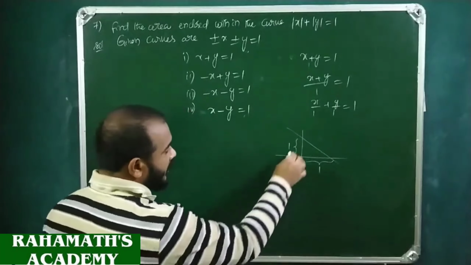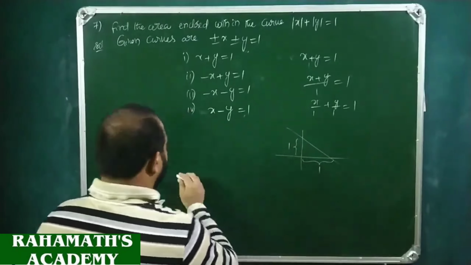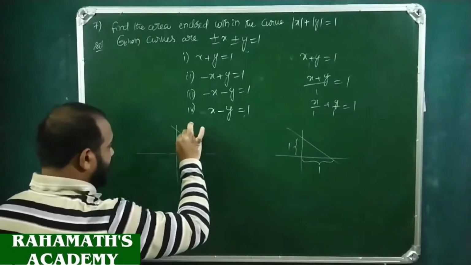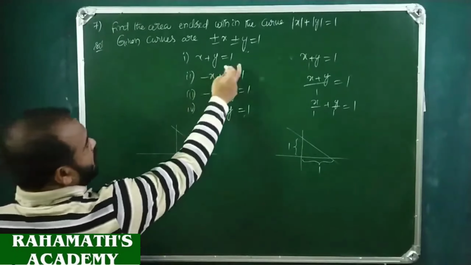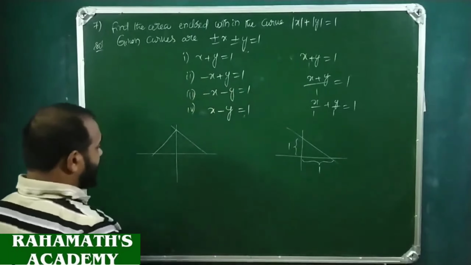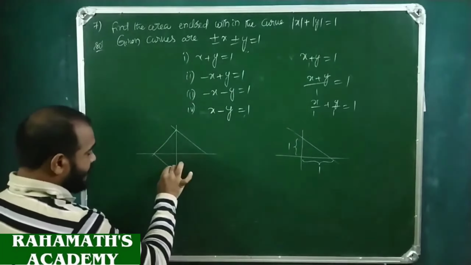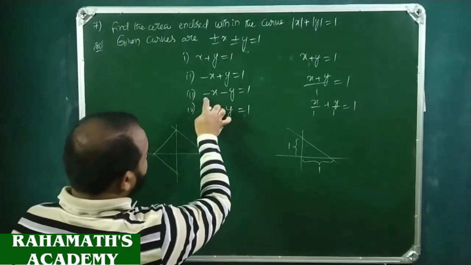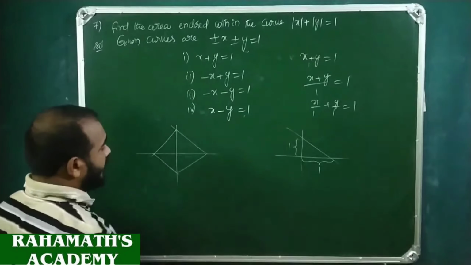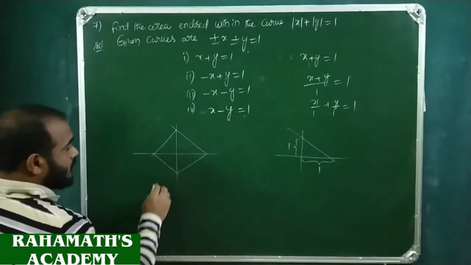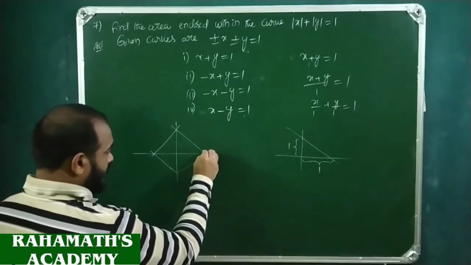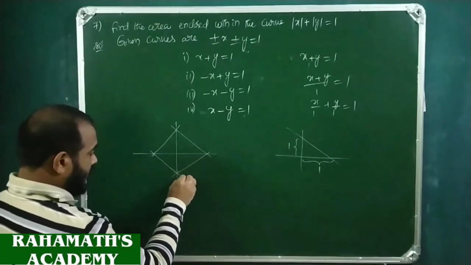So here actually the total curves will look like this. This is x plus y equals 1. This is minus x plus y equals 1. This is minus x minus y equals 1, and this is x minus y equals 1.